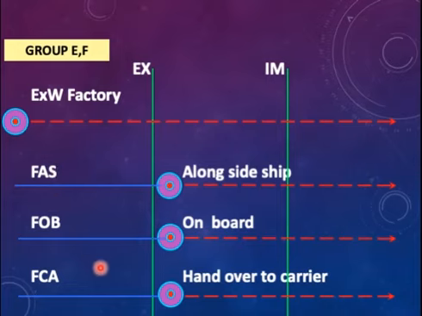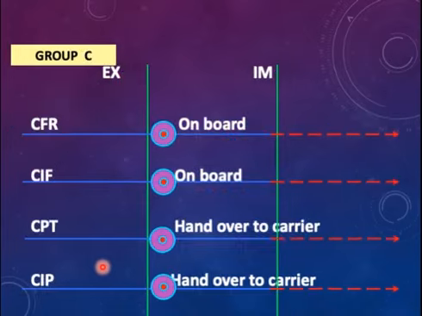Now let's move to group C. Let's see how different it is. Okay, this is group C, which includes four rules.